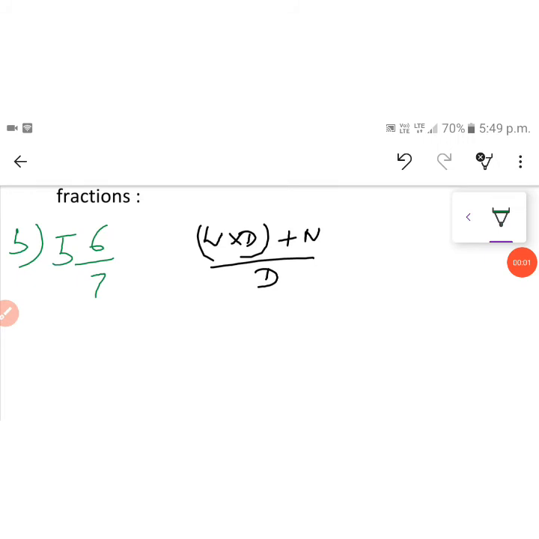B part: 5, 6 by 7. Whole into denominator. So this is the whole, this is the denominator, and this one is the numerator.